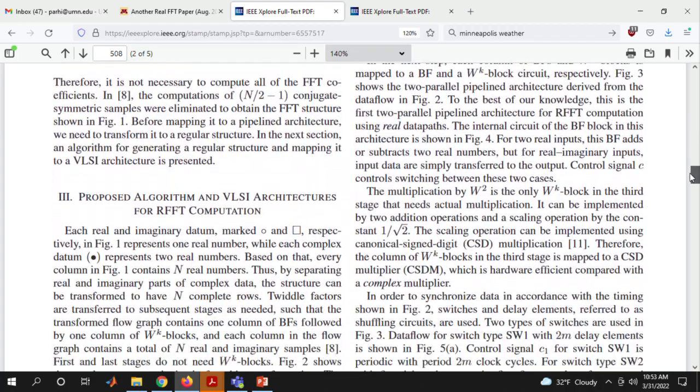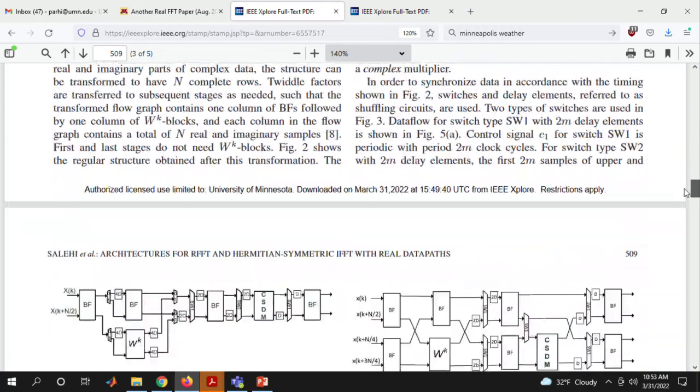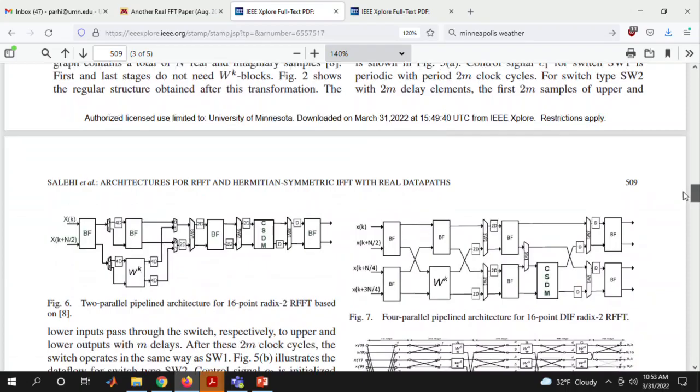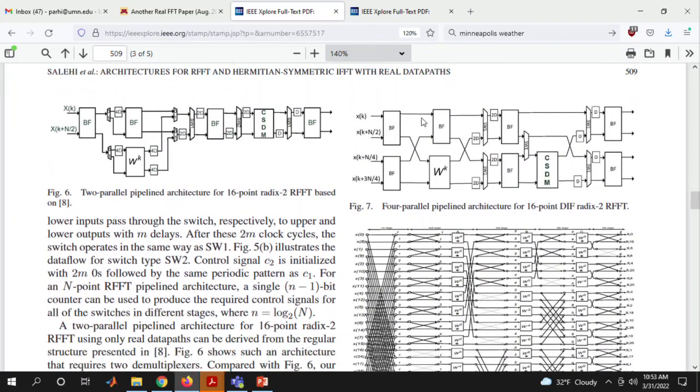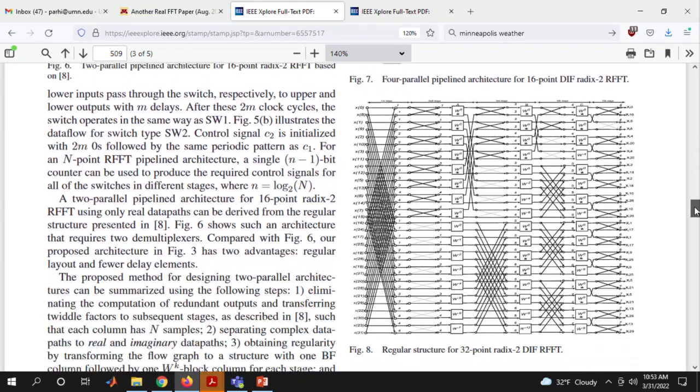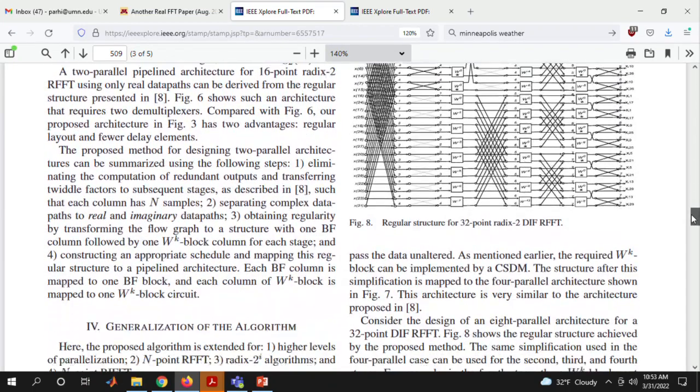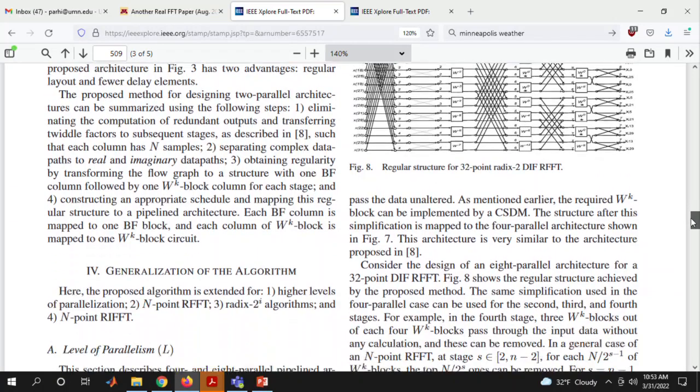Okay, so what is more interesting, this is figure 7, a 4 parallel 16 point when the signal is real. But what is more interesting is that sometimes I may want to compute the inverse FFT, right?